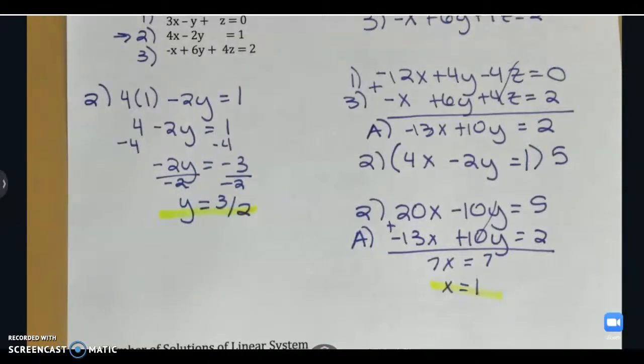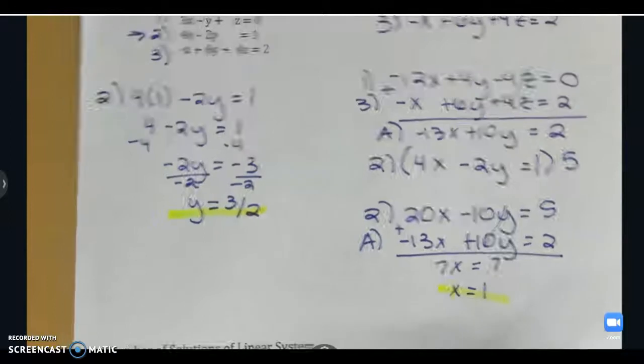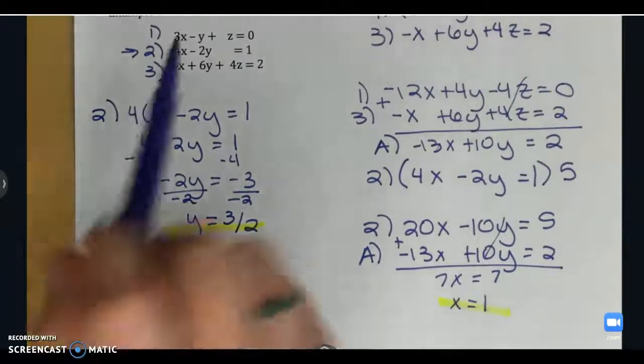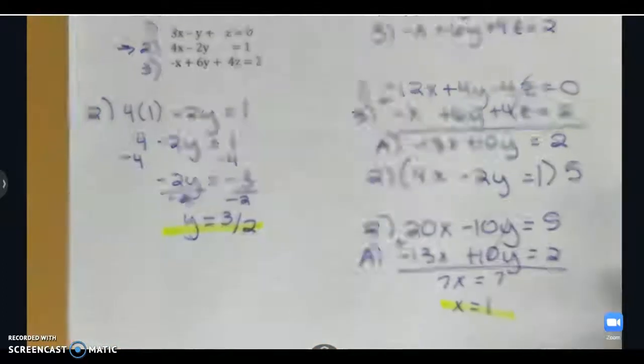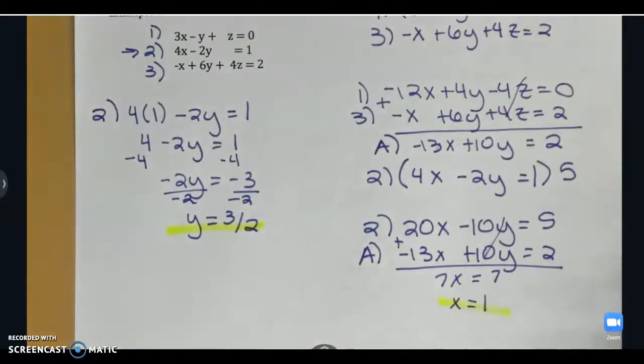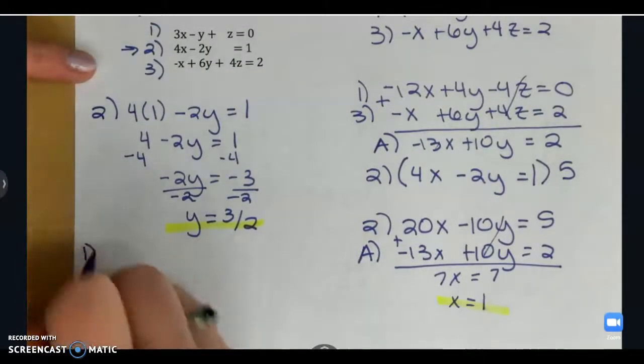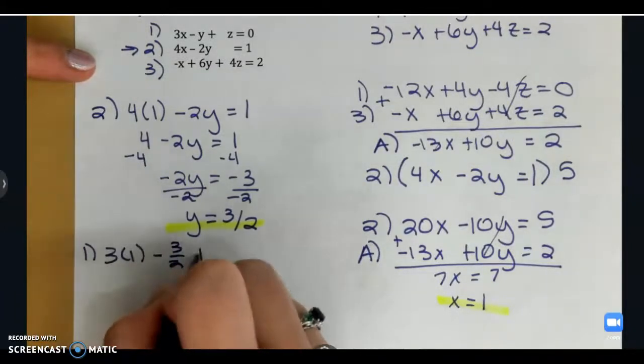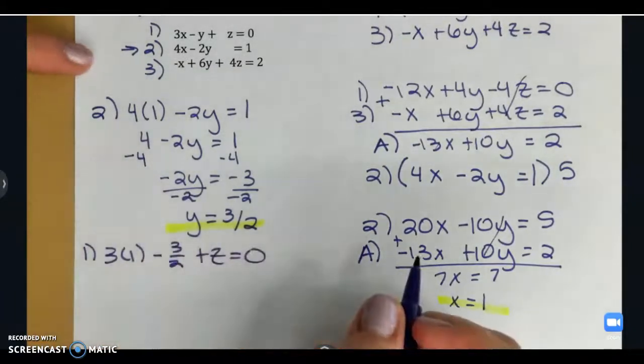Now I'm ready to solve for z. So I can use either equation 1 or equation 3 to find z because I'll have one unknown. Equation 2 is not going to help me find z because it doesn't have z in it. So let's just go with equation 1. 3 times x minus y plus z equals 0.